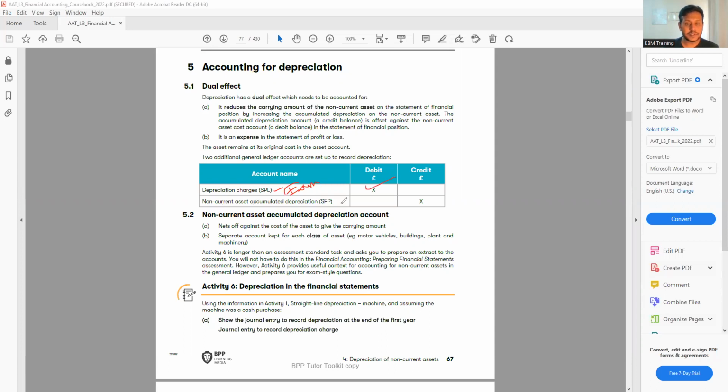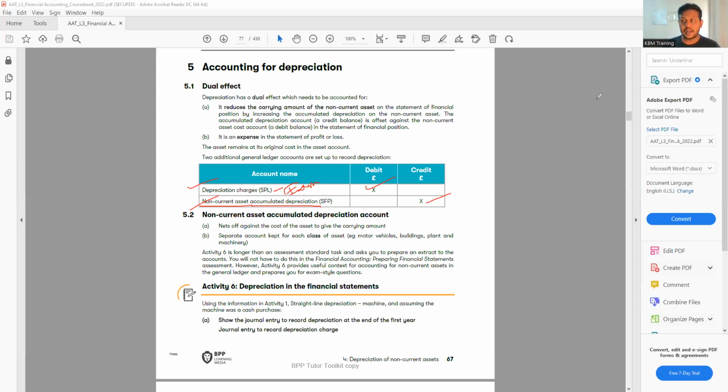Accumulated depreciation will be a credit, because it will reduce the value of the non-current asset. So depreciation is debit and accumulated depreciation is credit. You have to remember this journal because it will definitely be in the exam.